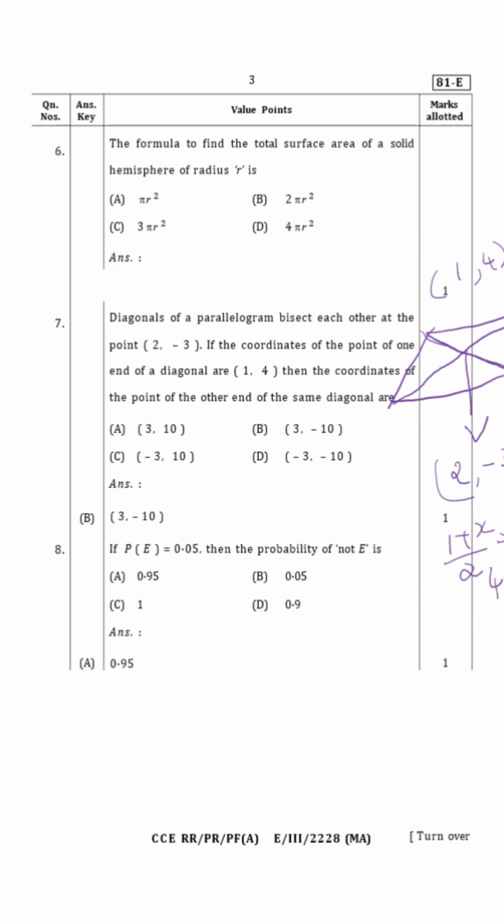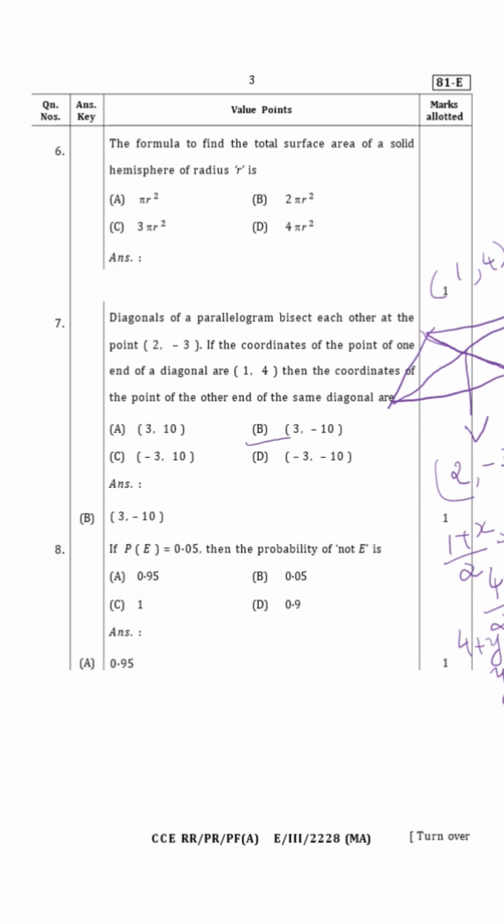So 4 plus y is equal to negative of 6. y is equal to negative of 6 minus 4, that is negative of 10. So option B, 3 comma negative of 10, is correct.